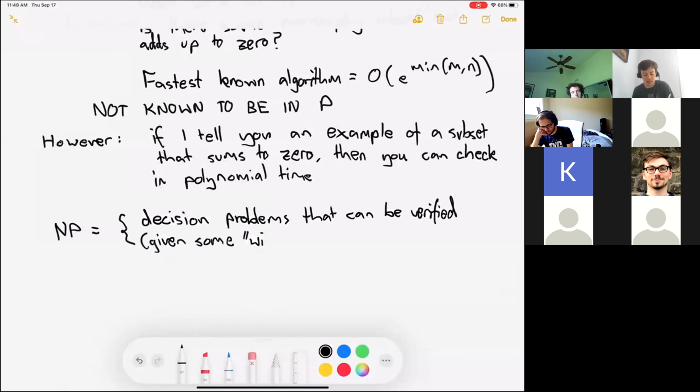By witness here, I just mean some polynomial number of extra bits that tell you something useful. So for example, in this case, it would be the subset that adds up to 0, just a list of them. In polynomial time.